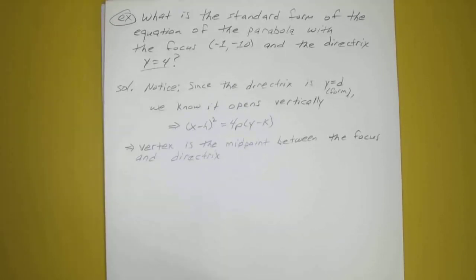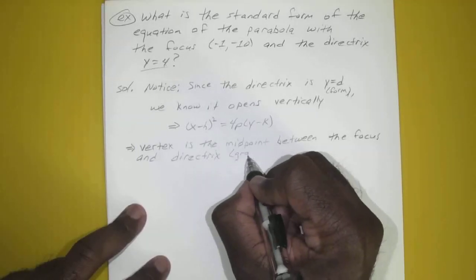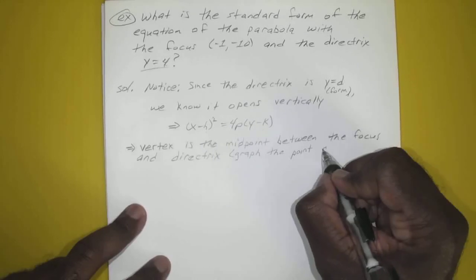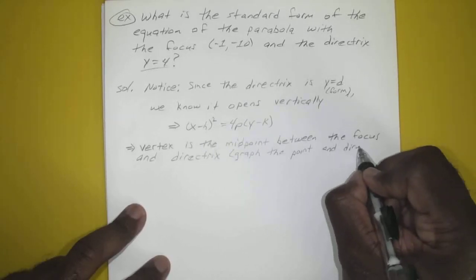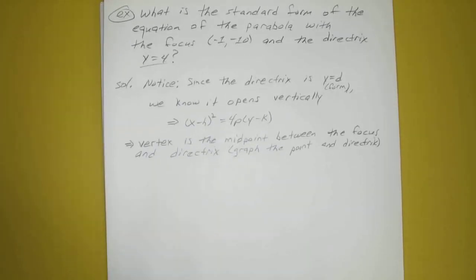Okay, so usually at this point, it helps to graph those two points just to visualize it. So give it a graph of the points. Okay, it doesn't have to be specific, you just want to be able to visualize it.